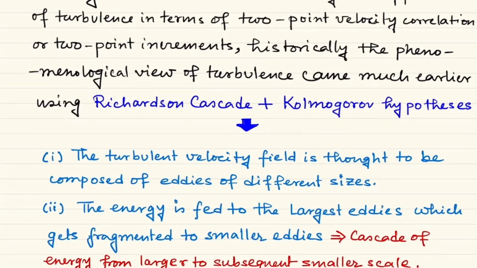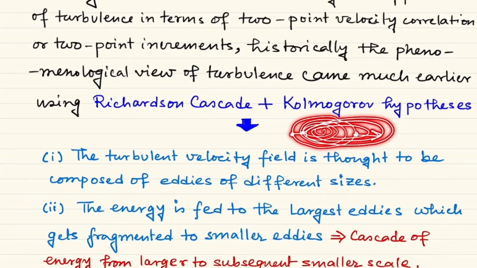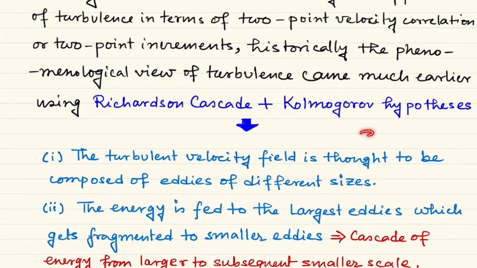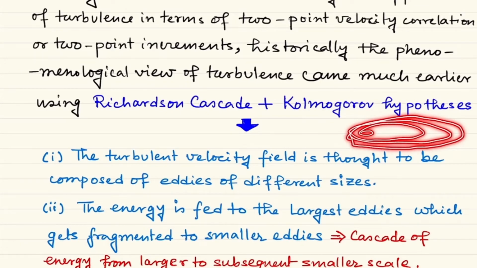So once again I am just drawing the picture: this particle has a greater velocity, so it goes there, and maybe goes there, so now the structure is more like this, and then with time it is more like this. Then you can easily understand that since this is incompressible and we are tracing one single vortex, we are concentrating on a given mass and following how it evolves with time.